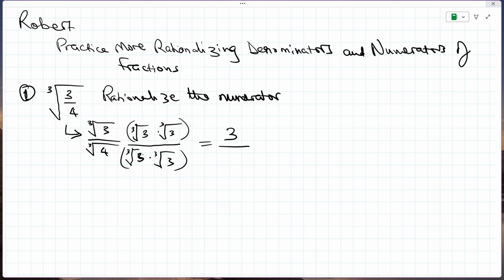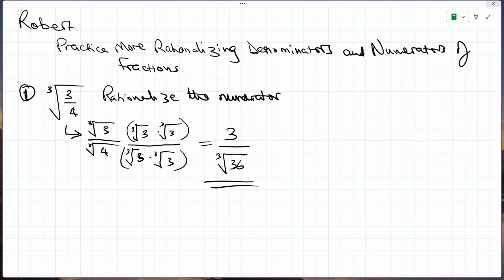So it will give us a value that's free of root signs. And the bottom will be cube root 4 times cube root 3 times cube root 3, which will give us cube root of 36. That is 4 times 3 times 3 will give us 36. And that will be our answer.